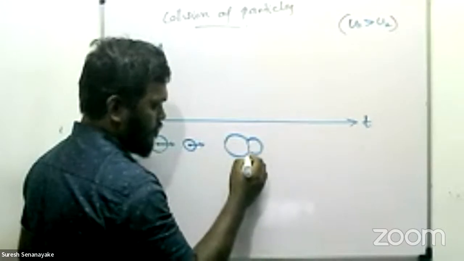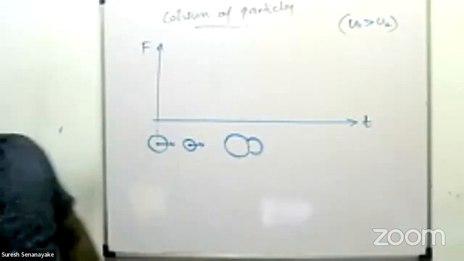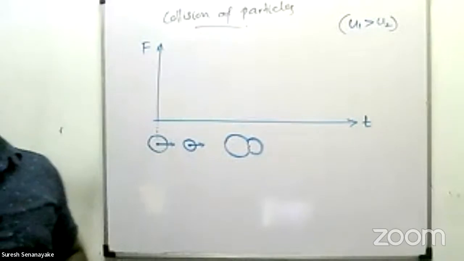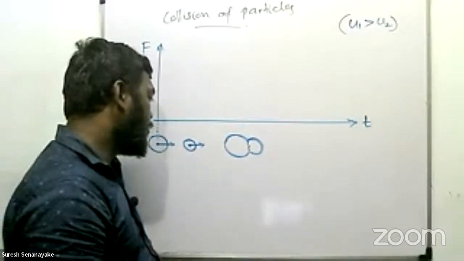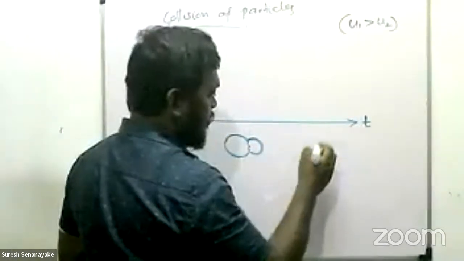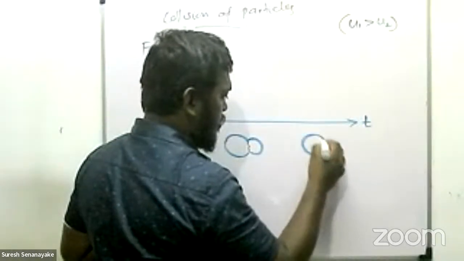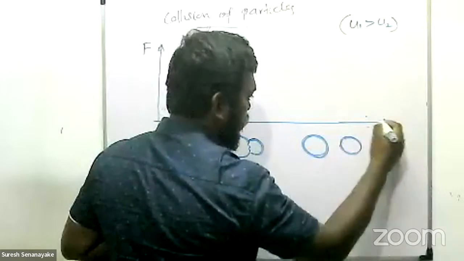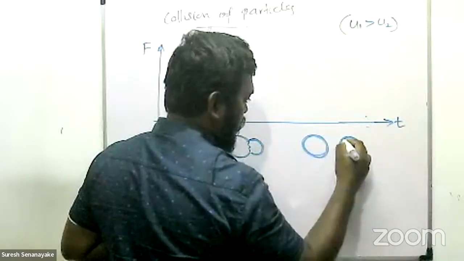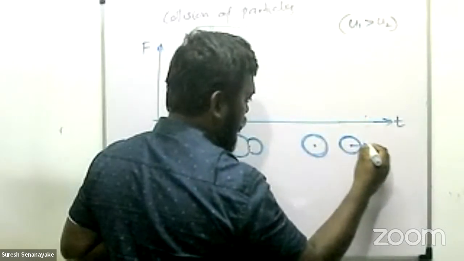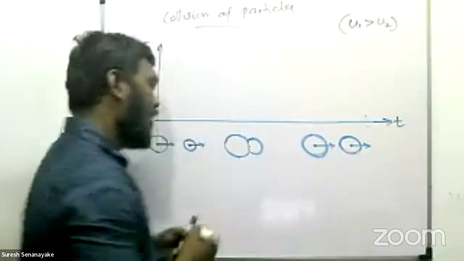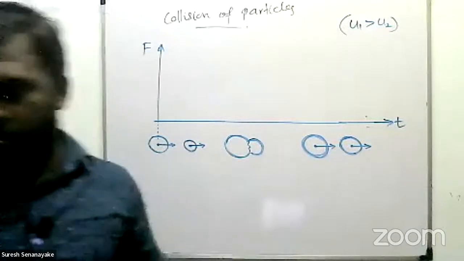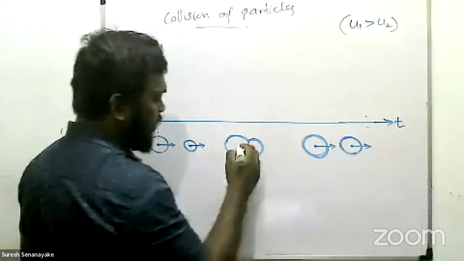After collision, let their velocities become v1 and v2 respectively.